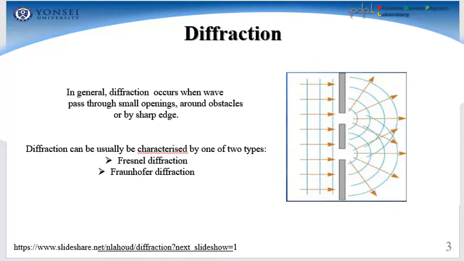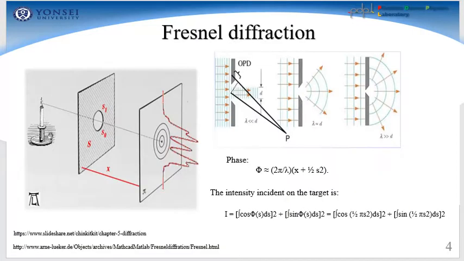We have two types of diffraction, Fresnel and Fraunhofer diffraction. Let's go to Fresnel diffraction. The left side is a general configuration of Fresnel diffraction, or near-field diffraction.